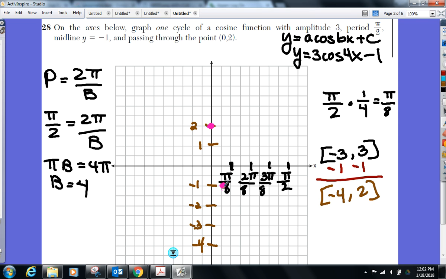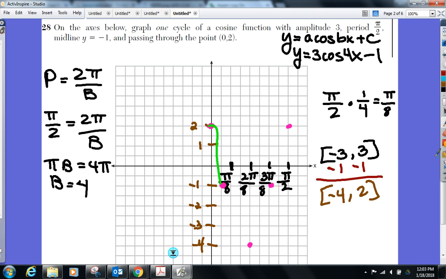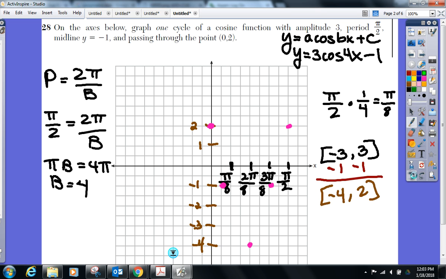So max, midline, minimum, -4. Then went back to its midline and ends up at its max before it starts repeating itself again. There it is, one curve of this. And how about I graph that correctly? One jab, bud. One jab.